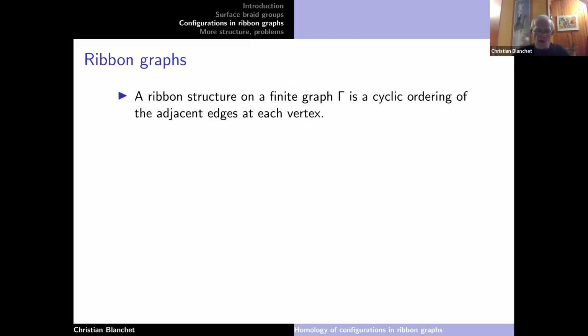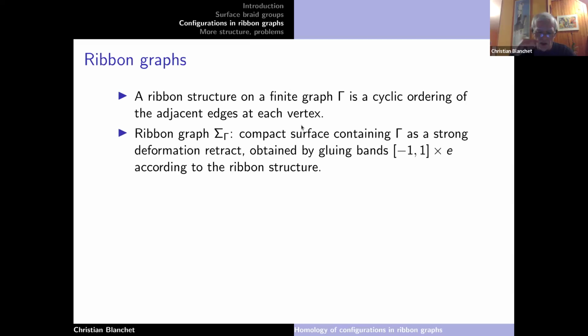So now I go to a ribbon graph. A ribbon structure on a finite graph, gamma, is a cyclic ordering of the adjacent edges at each vertex.